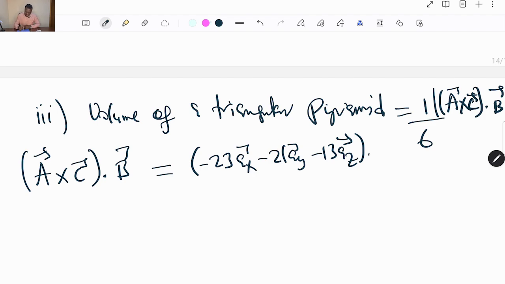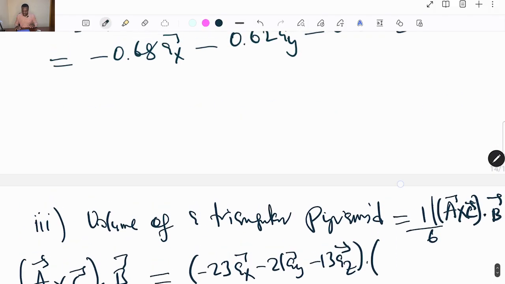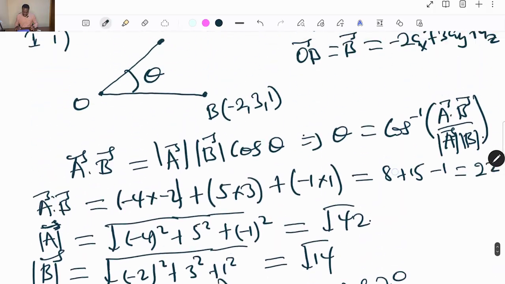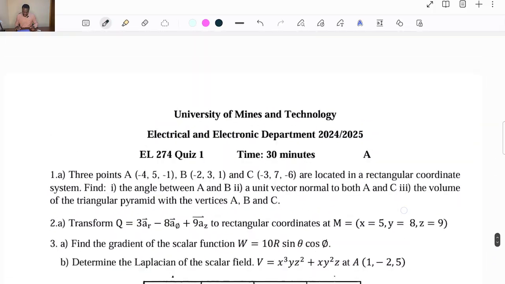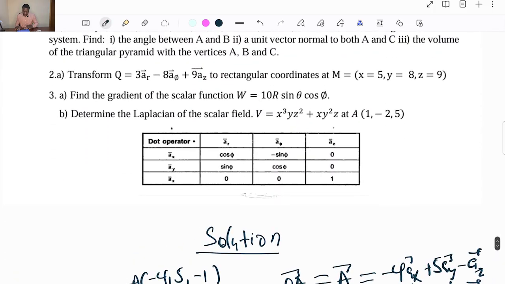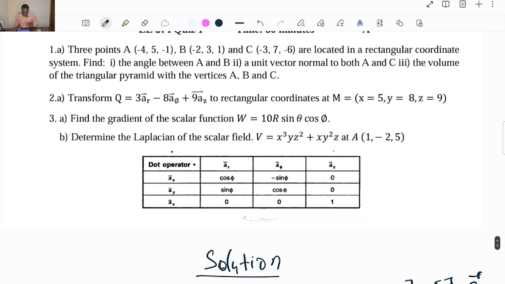Now how can we find vector B? Because we know the coordinates, which are minus 2, 3, 1.